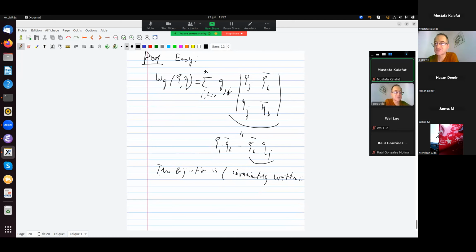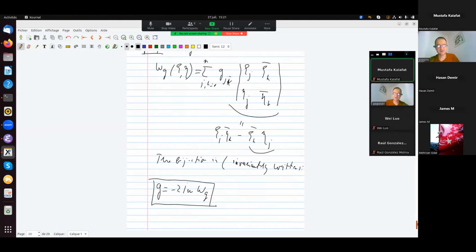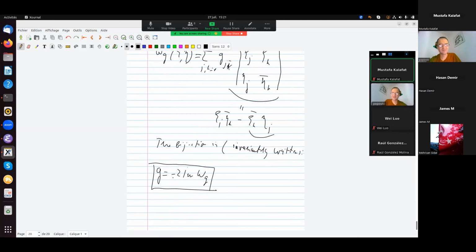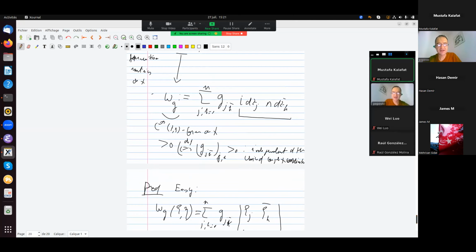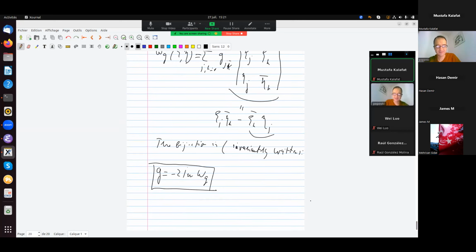Which one is the minus twice the imaginary part of the other one? I think it's G, because minus twice the imaginary part of omega sub G. Well, let's say it's this way. Otherwise, omega is minus twice the imaginary part of G, but I think it's this way, right? So what I wrote here in coordinates actually can be written invariantly in this form. And this map is a bijection, right? So, QED.